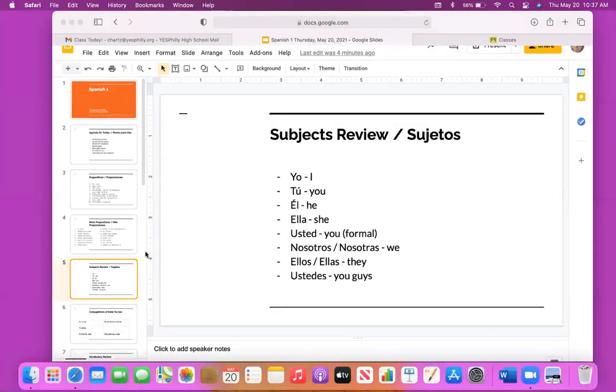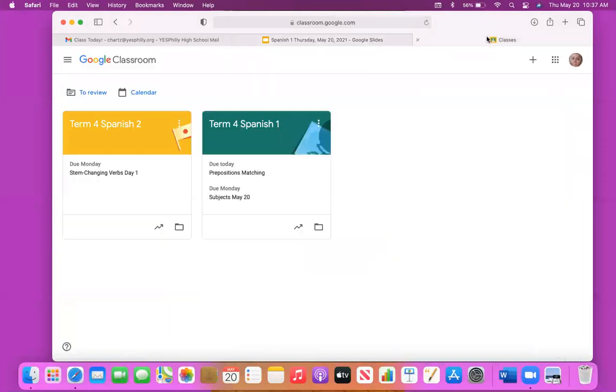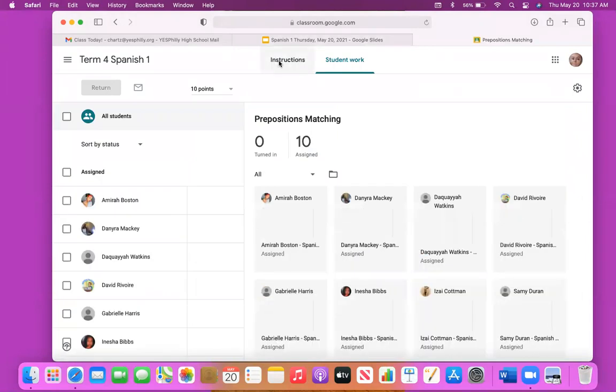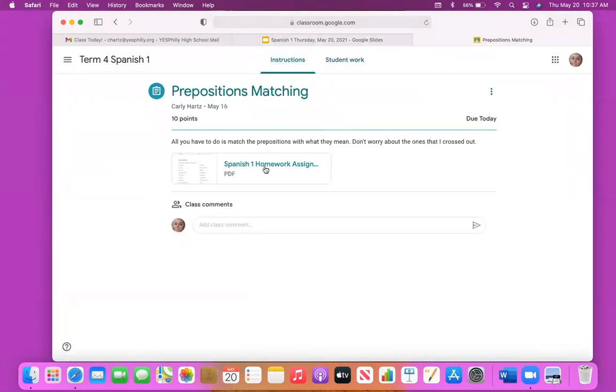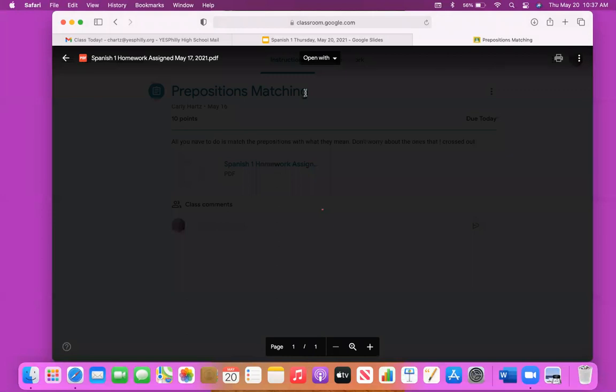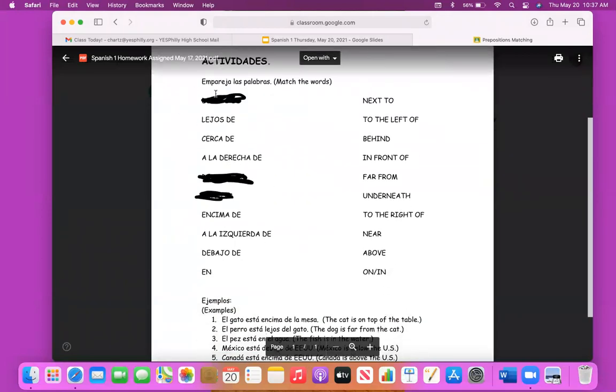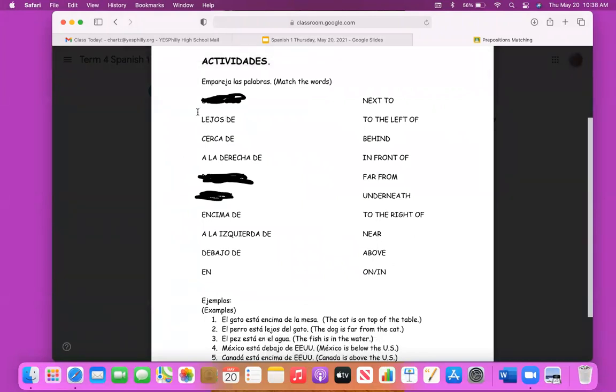And we can actually go over the homework now because we went through the prepositions. Right here. Okay. So all you had to do was match the preposition words to what they mean on the right here. So does anybody want to tell me what they matched lejos de with?